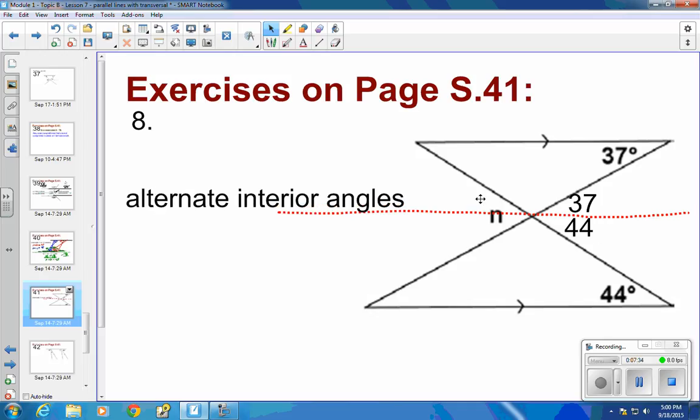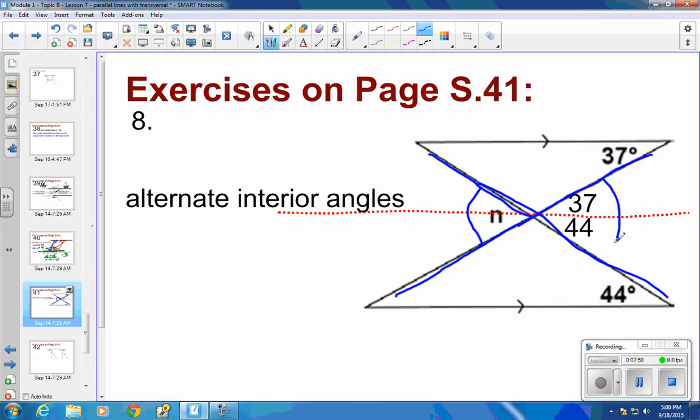And then we're looking for this angle N, and this angle N is this one. And if you look carefully, it's actually a vertical angle. So angle N is the same thing as these two added together. So the measure of angle N is going to be equal to this 37 plus that 44.